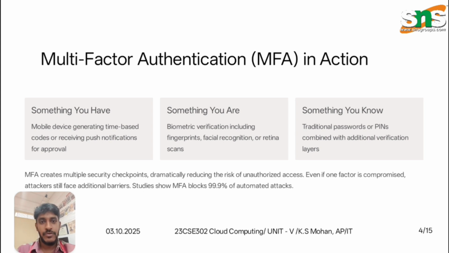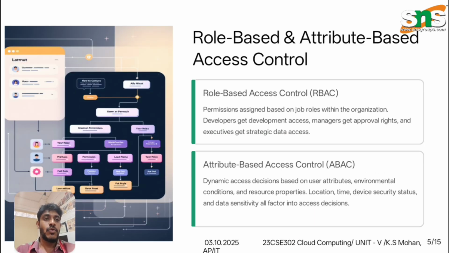Even if one factor is compromised by attackers, they will still face additional barriers. Studies show MFA blocks 99.9 percent of attackers from outside the cloud environment. Next we are talking about role-based and attribute-based access control.